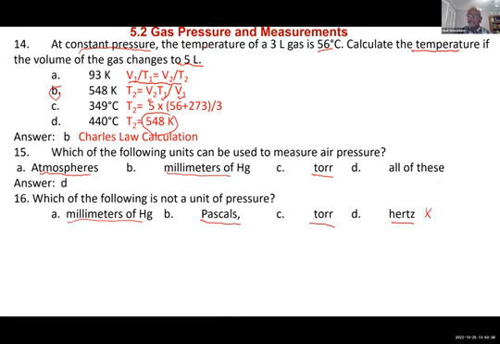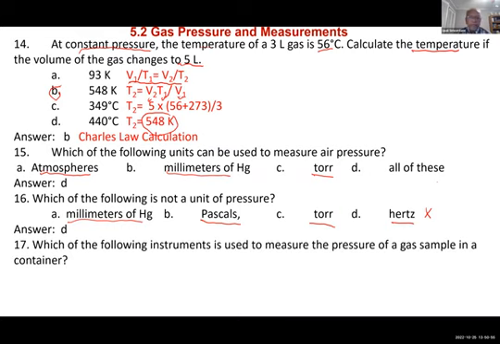Hertz, it's not. Hertz is used for frequency, radio waves, light waves. So therefore, it is not a unit of pressure. Answer is D.